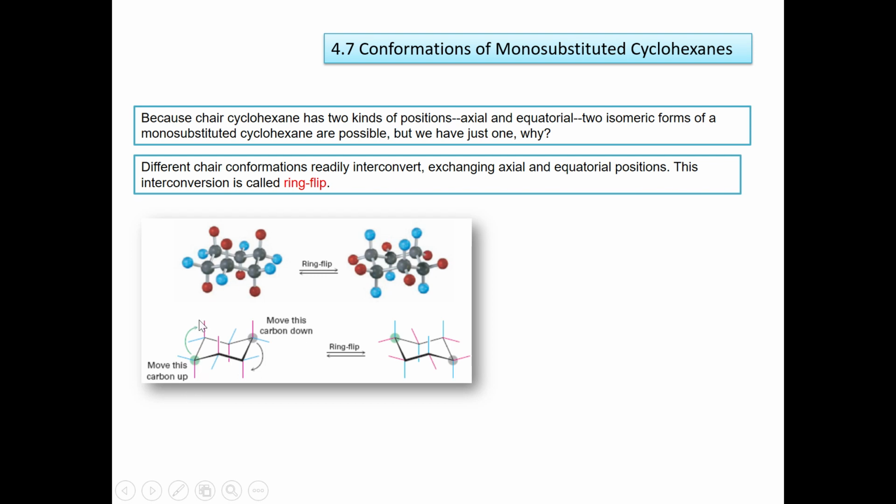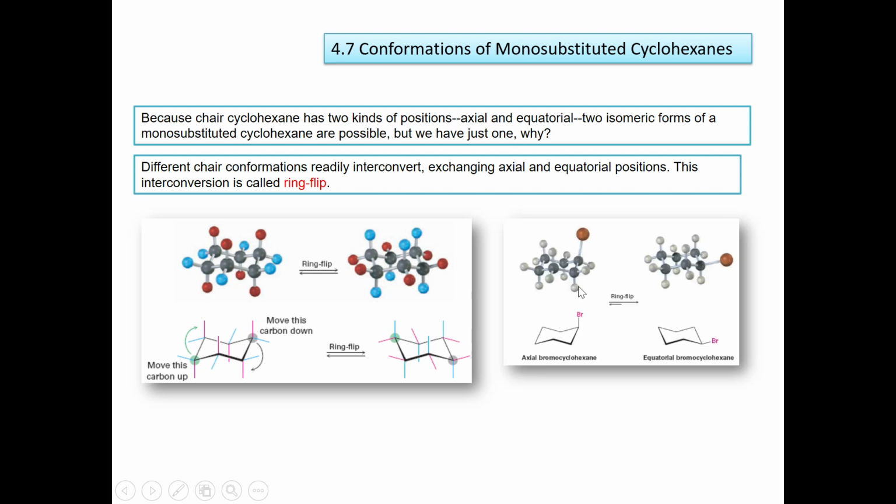If we put a substituent in the axial position, we have interactions between this position and this position. For example, we use bromine. This bromine will interact with this hydrogen and this hydrogen, destabilizing the system. However, when it's in equatorial, you can see that the bromine is far away from everything. That means there is no interaction.